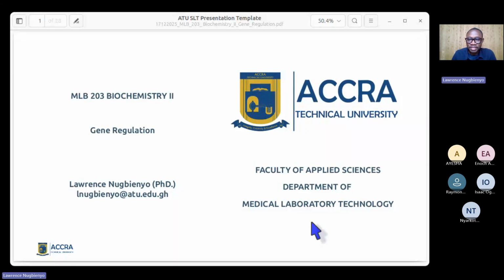And then in the last lecture, we looked at the function of the nucleic acids, looking at the processes of replication, transcription, translation, and we focused on the processes of transcription and translation as gene expression.